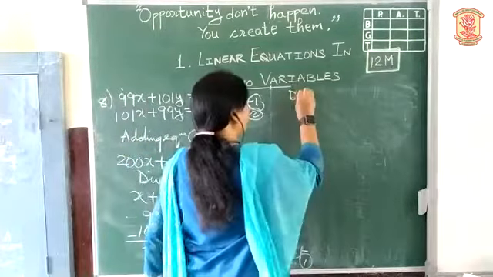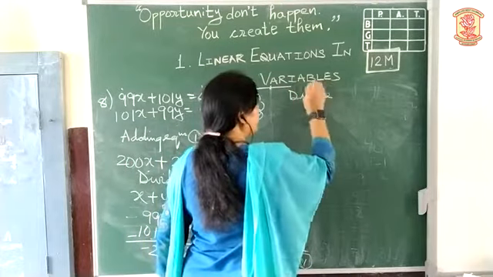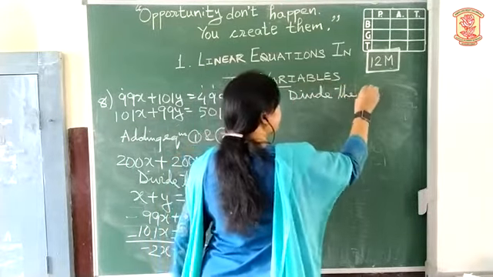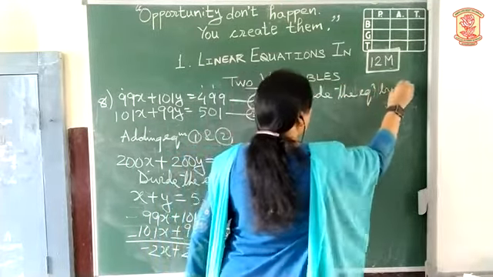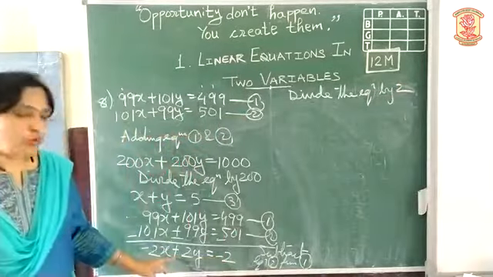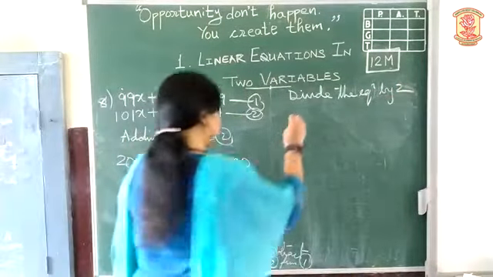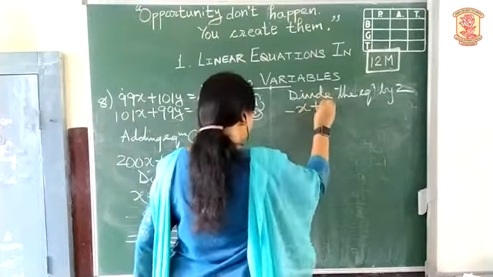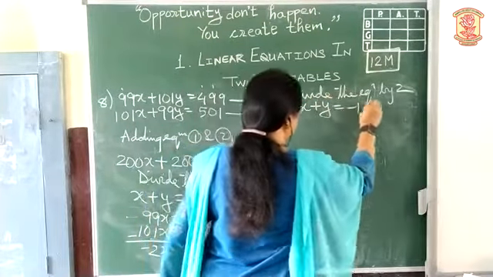Divide the equation by 2. Why are we dividing the equation by 2? To make it simpler. So this comes out to be minus x plus y equals minus 1.